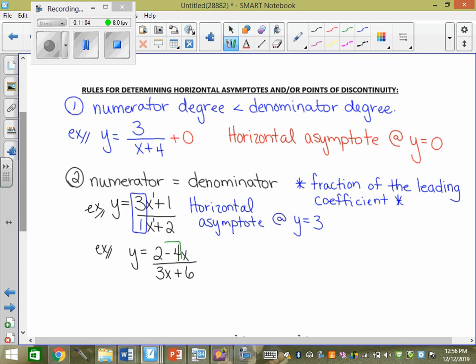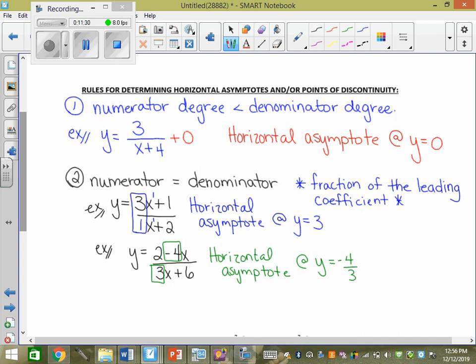It's going to be the leading coefficient on the top, which is -4, and the leading coefficient on the bottom, which is 3, because the leading coefficients are the numbers that lead the equation. They're in front of the largest degree exponent. So my horizontal asymptote is at y equals -4 over 3.